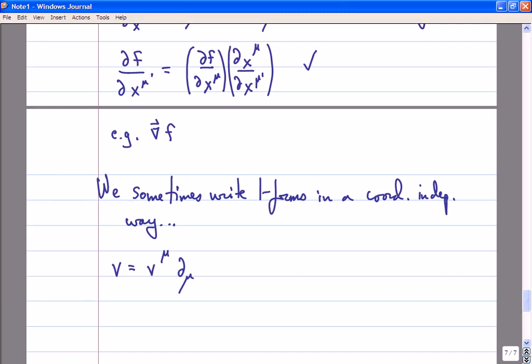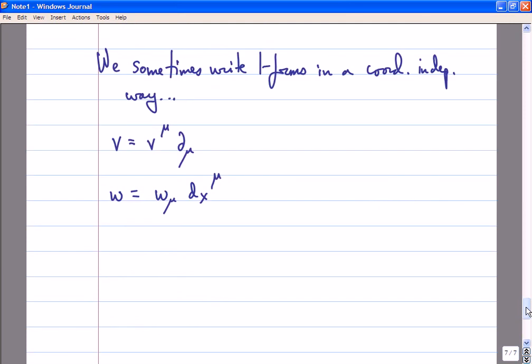And if you think about it, you have already encountered such an object. So, indeed, we will write a one form in a coordinate independent way as W mu dx mu, where dx mu is an infinitesimal displacement of the x mu coordinates.